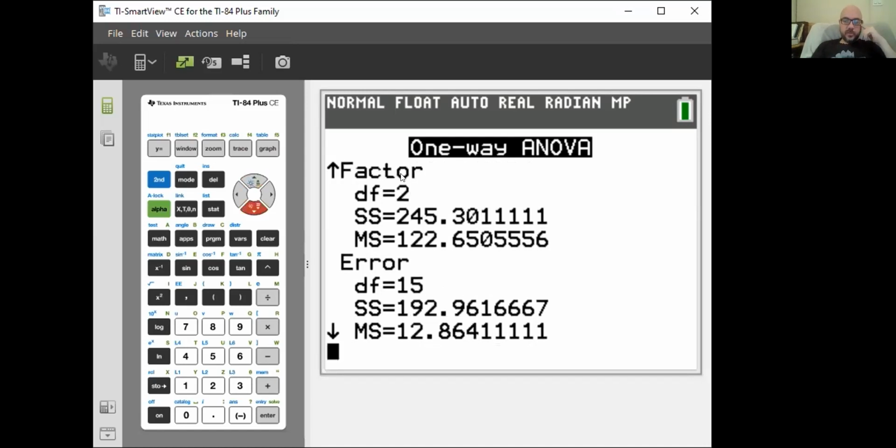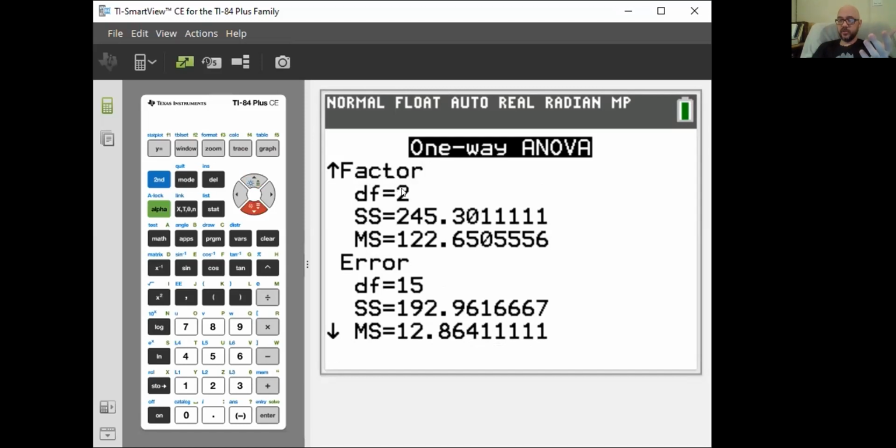The way you get these degrees of freedom is actually n-1, sort of. So remember, for the numerator, that's factor, that's MSB. What we did was we took the sample means and made a set out of them and found the variance of those. Well, we had 3 groups, one sample mean from each group. 3 minus 1 is 2.